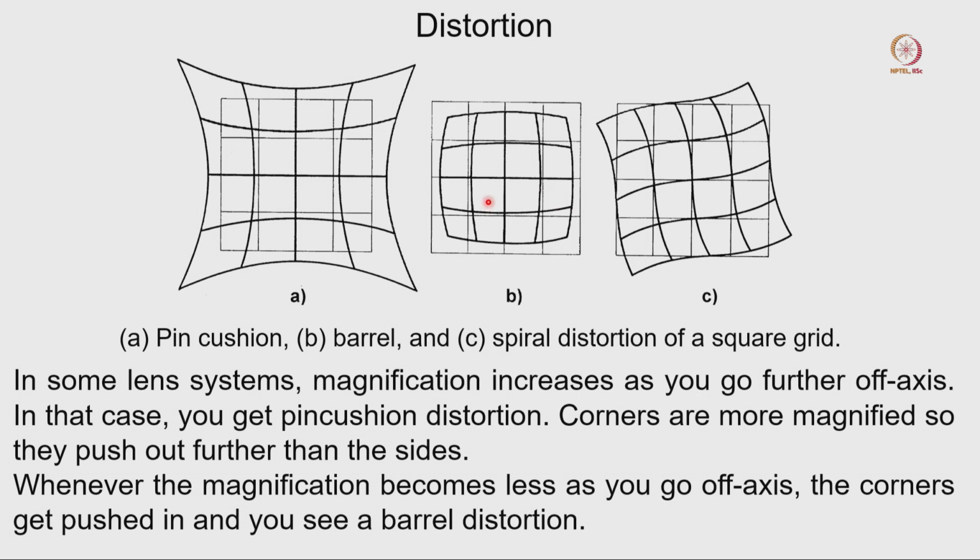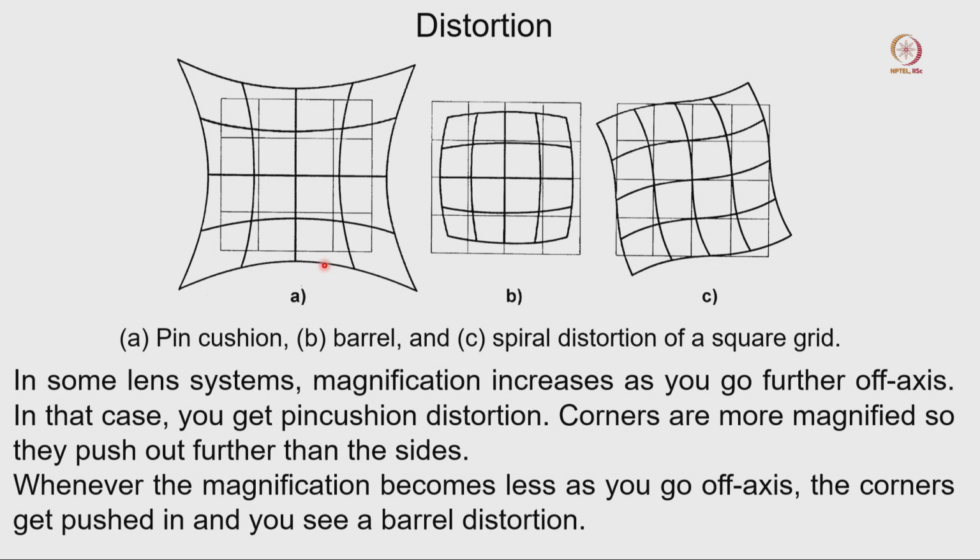The same kind of problem you will get in barrel or spiral distortion. So if we want a perfect imaging system, most of the time it is better to align the microscope properly. The electron beam should come through the optical axis.